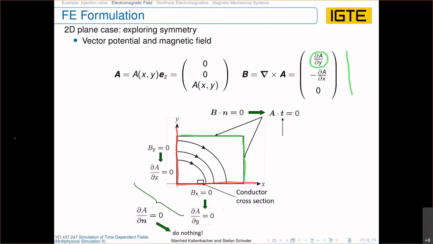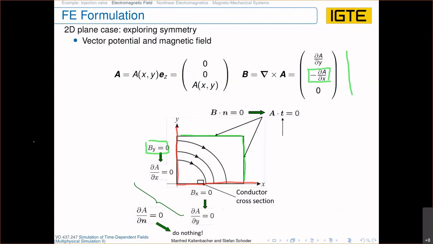Sorry, clearly I have taken the wrong one. What we actually have here is By should be equal to 0, and By equal to 0 is clearly this part. So we see that the partial derivative of the z component of the magnetic vector potential, which we have just named A, should be equal to 0.